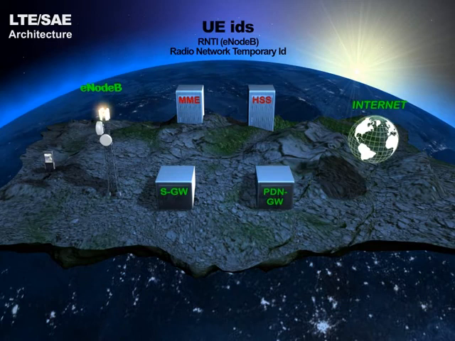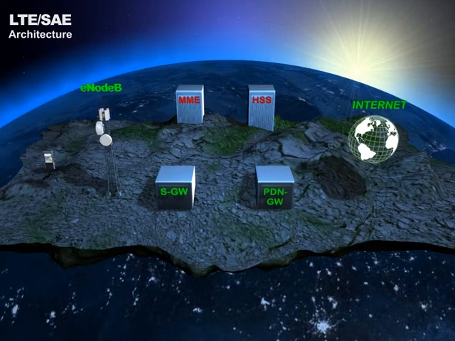An RNTI will be handed out every time the UE establishes radio contact with an eNode B. Now the UE has an ID towards its operator, towards the core, and it is identified on the access, the radio. But there is still one identity missing, the IP address, which is allocated by the PDN gateway as soon as the UE is powered on.